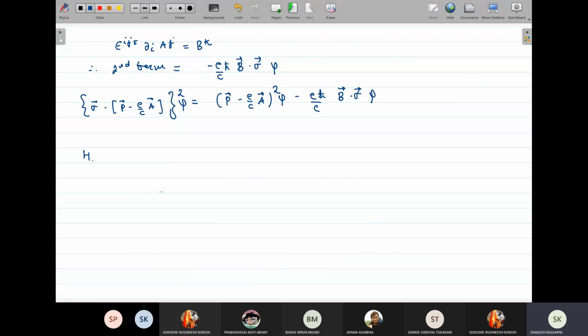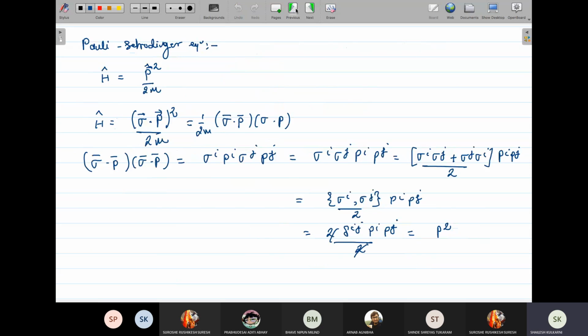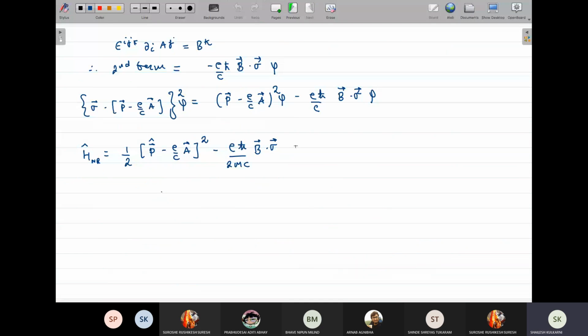Okay, so let us see what that non-relativistic Hamiltonian is. Your non-relativistic Hamiltonian is 1 over 2m, p minus e by c A, its square, minus e h cross divided by 2mc B dot sigma, and there was this phi term, plus e phi.